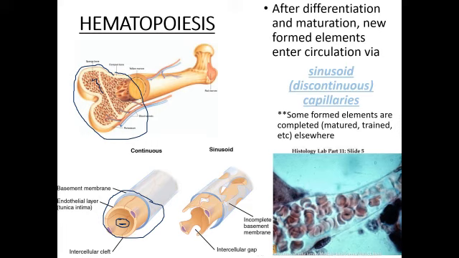And these blood vessels are called sinusoid capillaries. We can see that the cells lining these capillaries actually have big old gaps in between them. These gaps are big enough, as we can see over here in the histo image, for these cells to cross through and enter into the bloodstream.